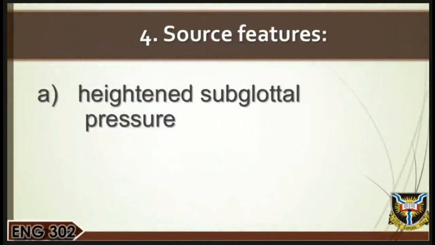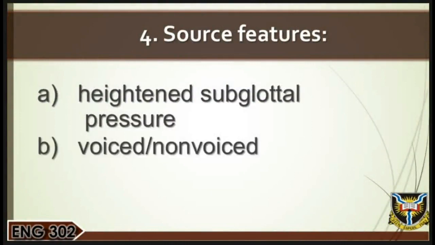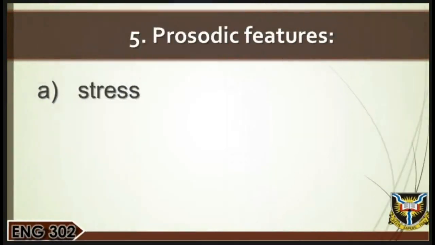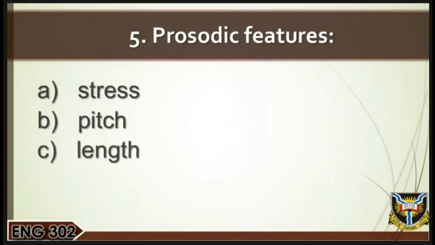Source features: A. Heightened subglottal pressure. B. Voiced or non-voiced. C. Strident or non-strident. 5. Prosodic features: A. Stress. B. Pitch. C. Length.